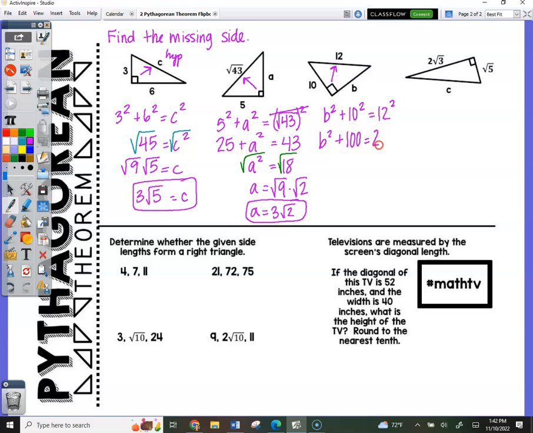Was that this class yesterday? 225 minus 100 is what? Help me out. That's 144. I just wanted to know if y'all were paying attention.